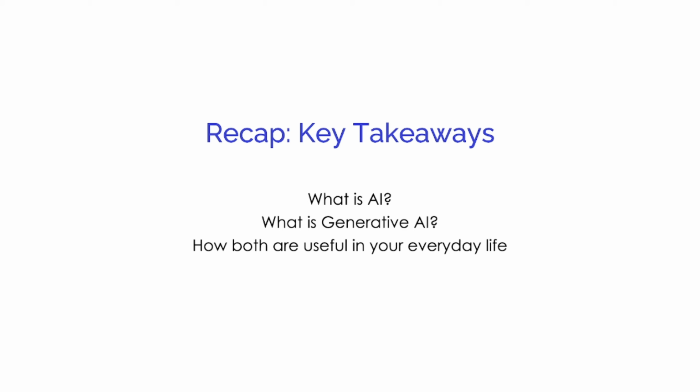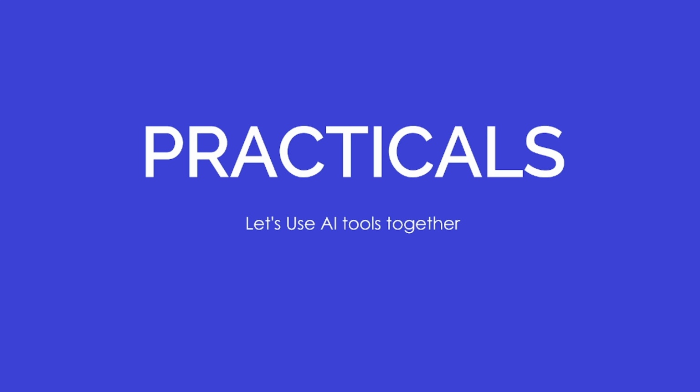Now the next part we are going into is the practicals, and I'm very, very excited. We are going to use AI tools together. We are going to use ChatGPT. We are going to use Claude AI to create text. We are going to use Manus AI to create text, and we are likely to write a small book with AI. We are going to create images with KLING AI.